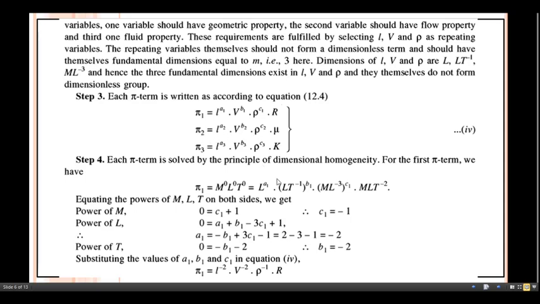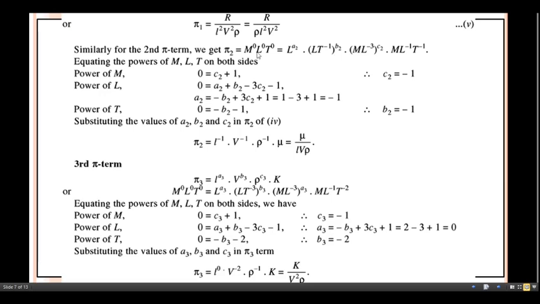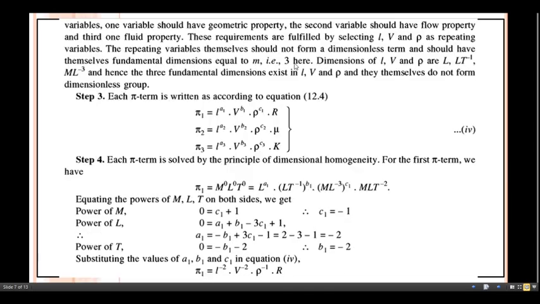Now if you compare the powers of M on the right side, the important thing here is that only this term changes, and the dimensions of this one will remain the same.